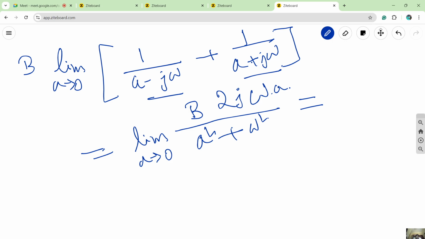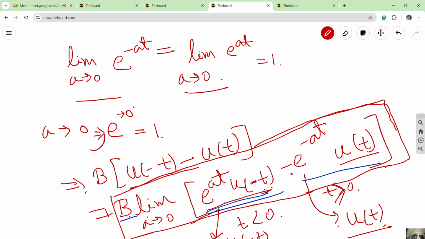Wait a minute, just let me check it. Am I doing some calculation wrong? Will the 2j omega term come or not? Sorry, I think there is a minus term, right?